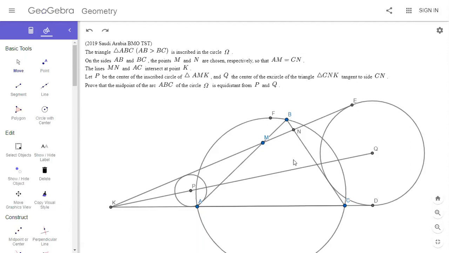Yeah, FA is equal to FC, FM is equal to FN. Yeah, if AM is equal to CN, maybe there's a way to use that to connect the radii of these two circles or something.